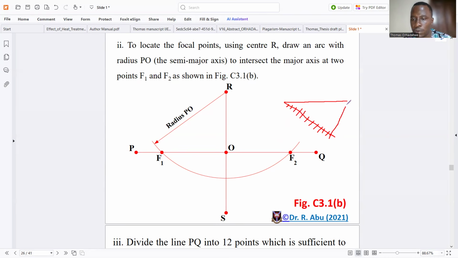Then I will draw parallels to this line using the remaining points. Using my 45 and 60 degree set square, position it in such a way that it laps on this line, and then you just slide, draw the next point, draw the next point, draw the next point, like that.